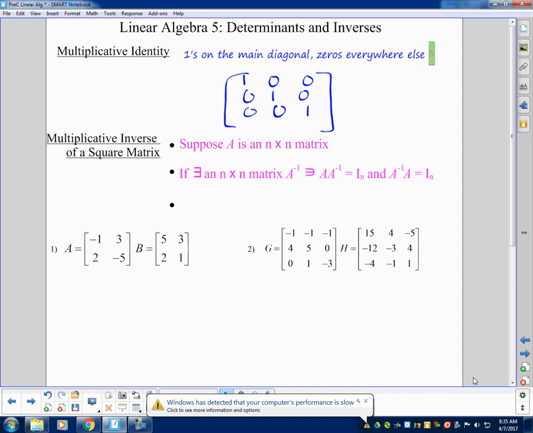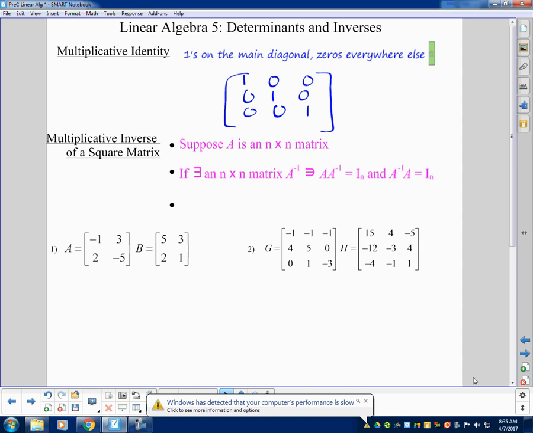So if there exists an n by n matrix, A inverse, or A to the negative 1, is what it looks like, but we call it A inverse. This symbol means such that A times A inverse equals the identity matrix.